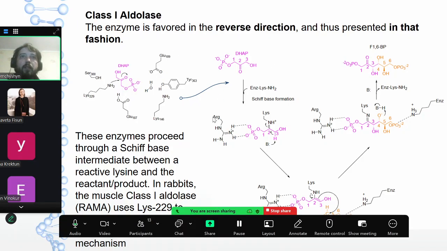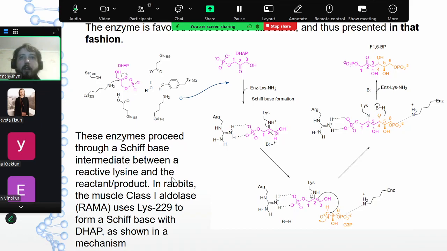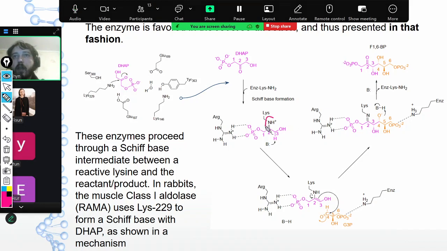We have class 1 aldolase. That's the enzyme. Well, here you see the mechanism of action. It proceeds through a Schiff base intermediate. So here you see this NH double bond, so this is basically the Schiff base.